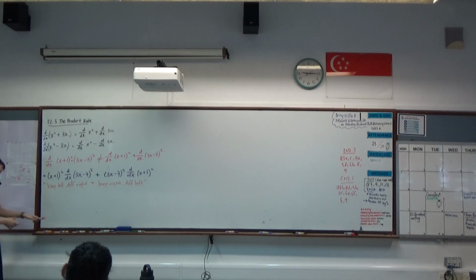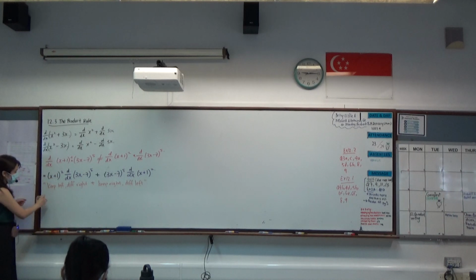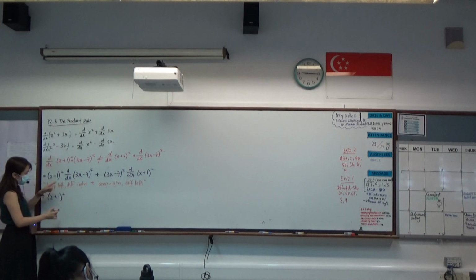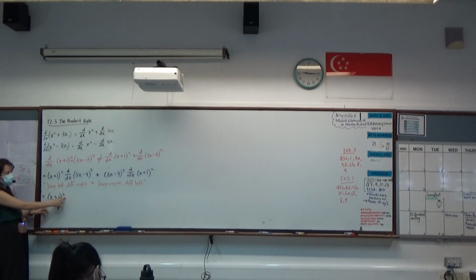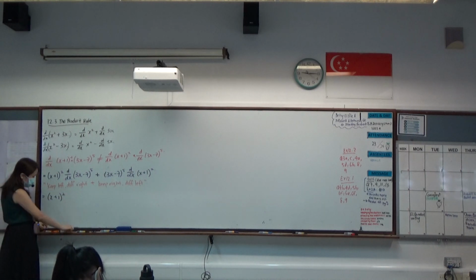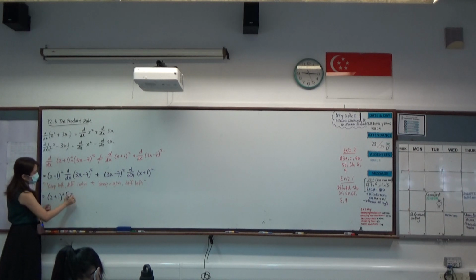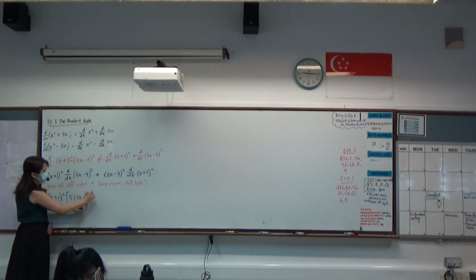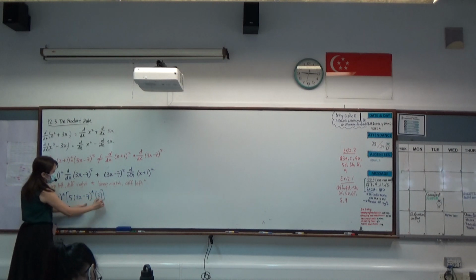So, after looking at this differentiation, our answer will be x plus 1 squared. The derivative of this one, we apply our chain rule. So let me use a different color. I will be getting 5 times 3x minus 7 to the power of 4 times 3.